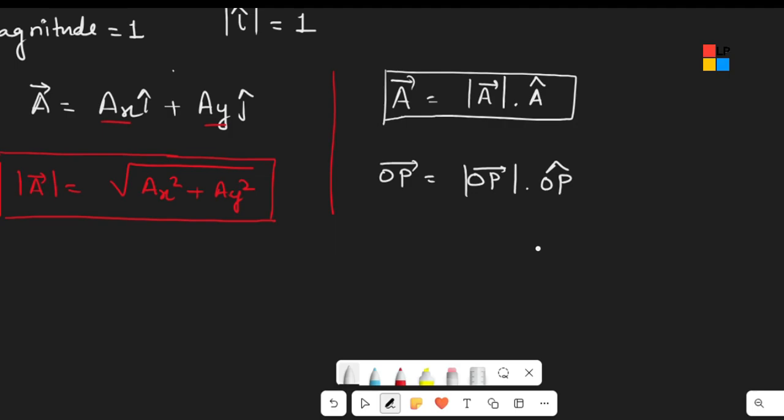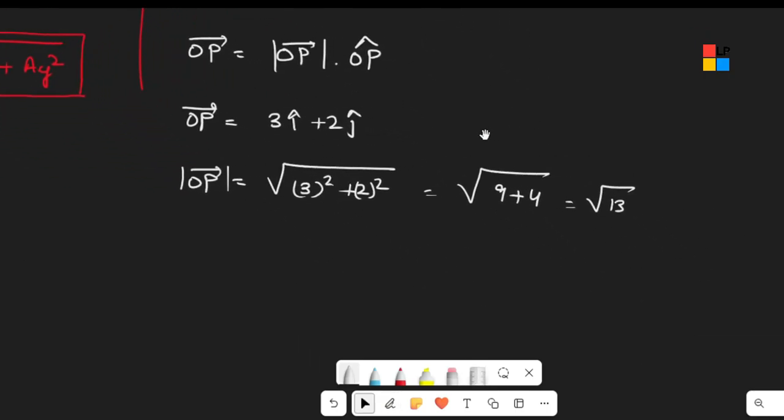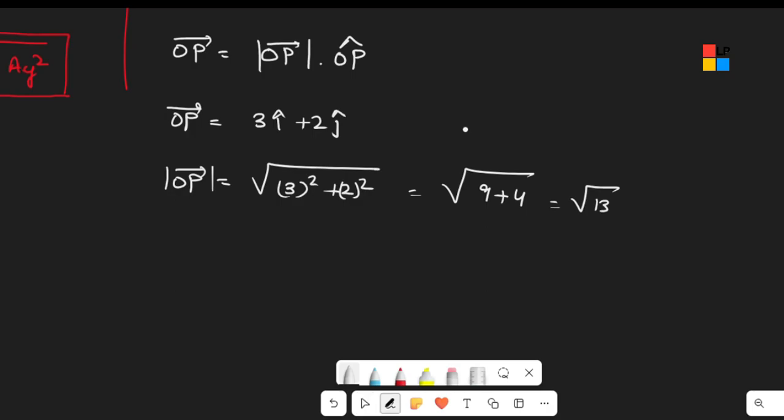So if I find the OP vector magnitude, the value will be 3 square plus 2 square, that is 9 plus 4, so root 13. So under root 13 is the magnitude of the OP vector.